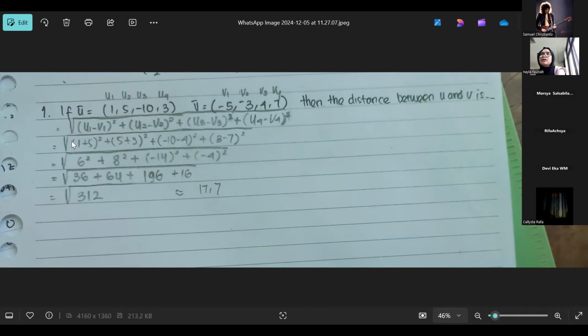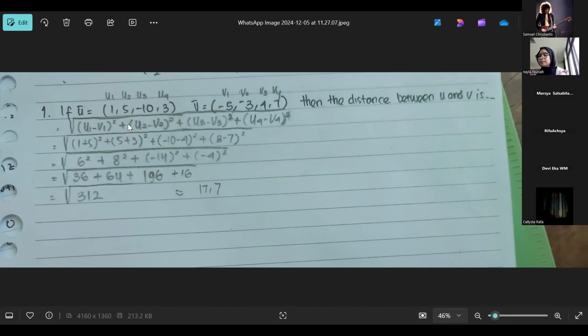We use this formula: u1 subtracted from v1 squared plus u2 subtracted from v2 squared, and so on, under a square root.